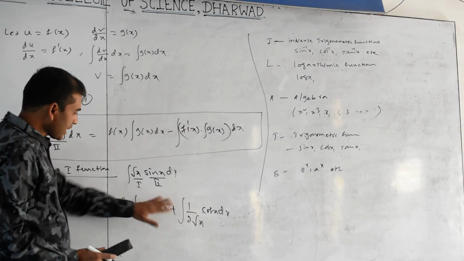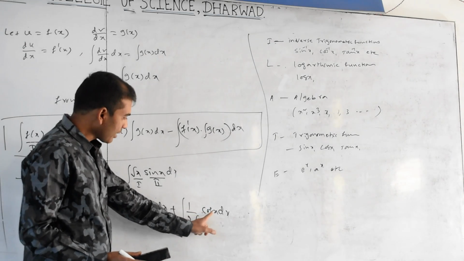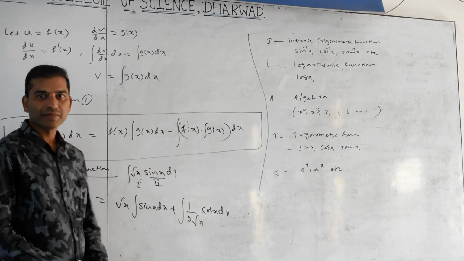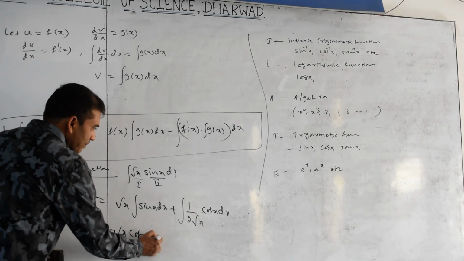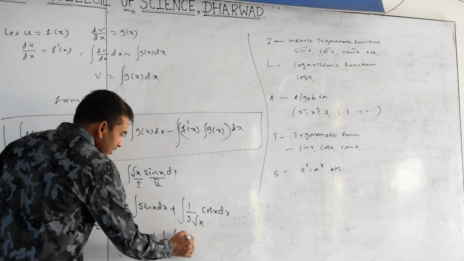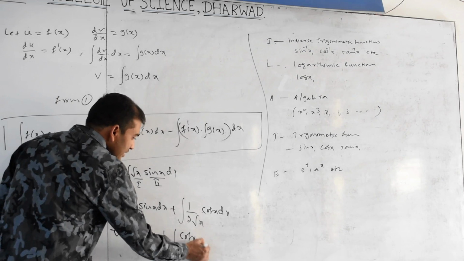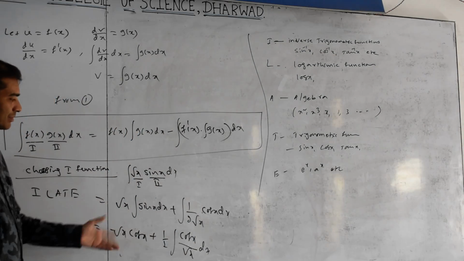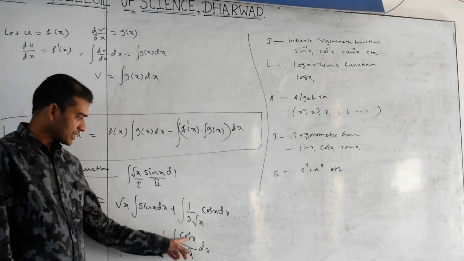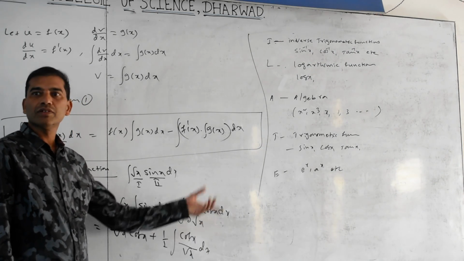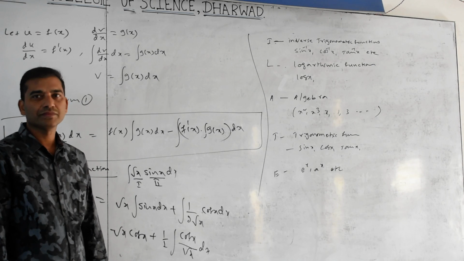This we can find, but how to find again cos x by root x? Next step: minus root x cos x plus 1 by 2 constant times integration of cos x by root x. If you take u as 1 by root x and v as cos x, even then you can't find the integration.